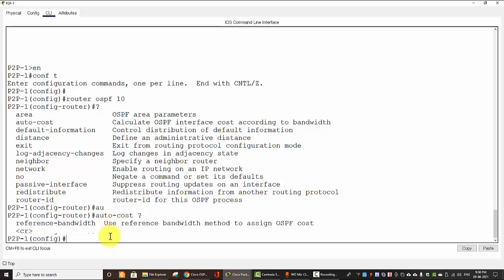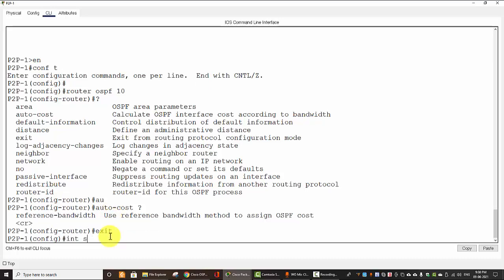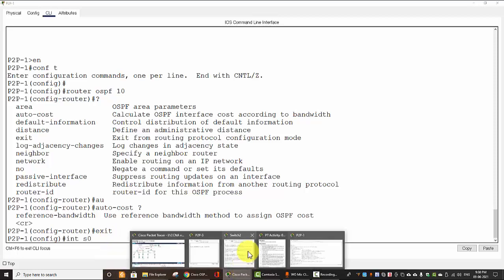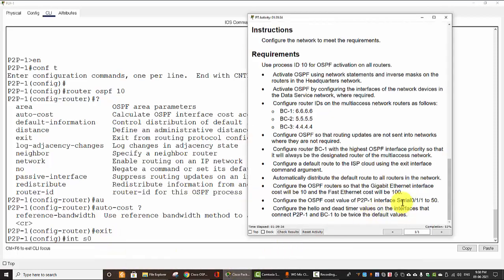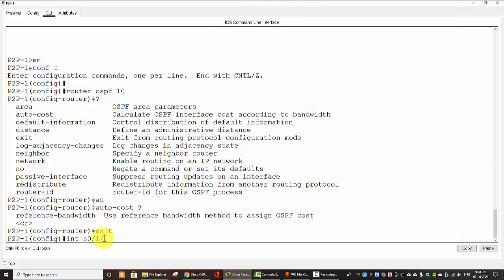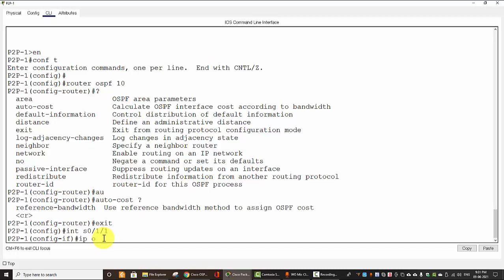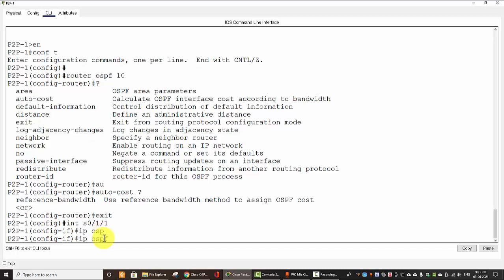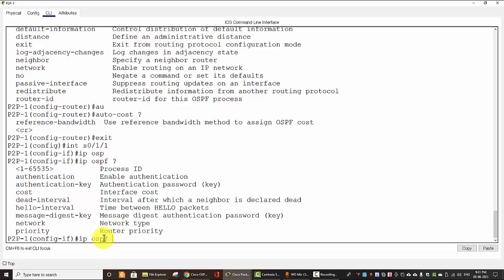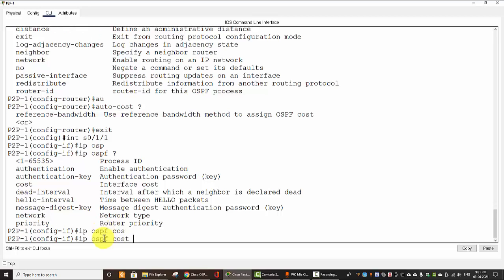We should enter the interface mode, interface 0/1/1, IP OSPF cost 50.